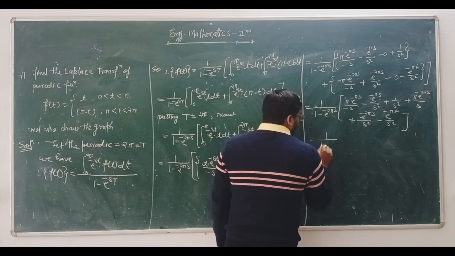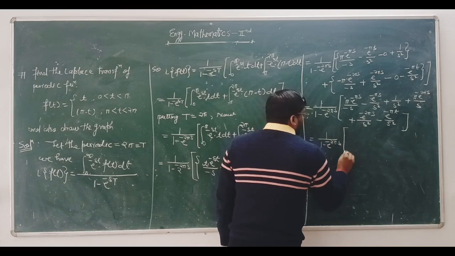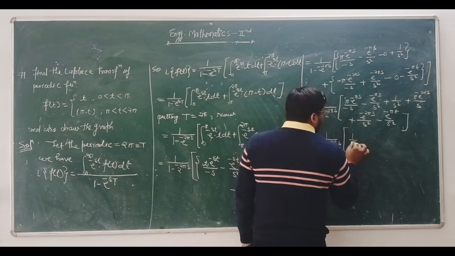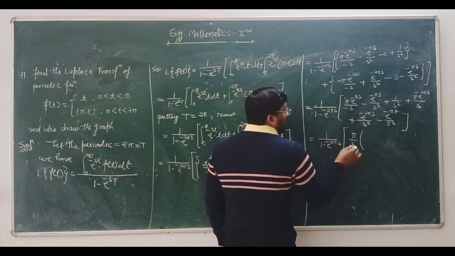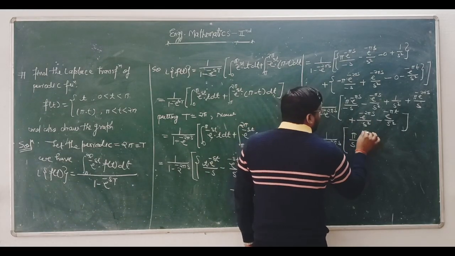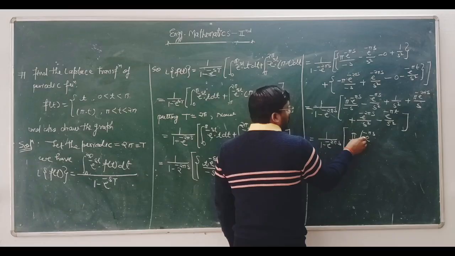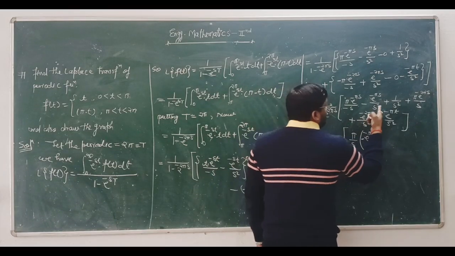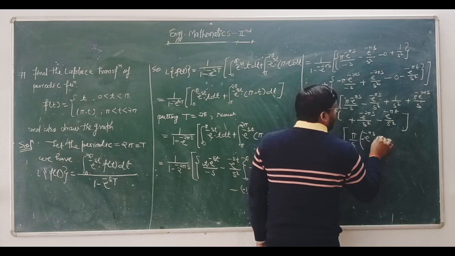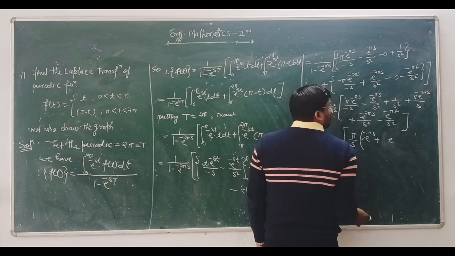Now you can solve this. 1 upon 1 minus e to the power minus 2 pi s. If you take s common, now pi is also common.